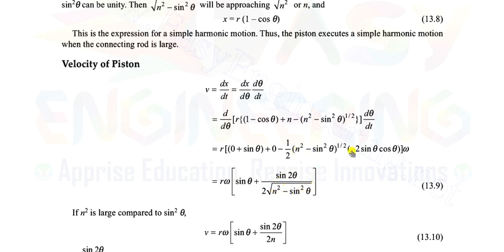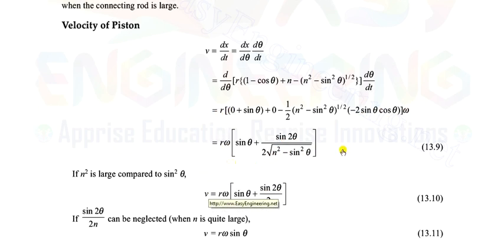So 1 by, and this minus and minus will become plus, and this 2 sin theta cos theta becomes sin 2 theta, over 2 under square root n square minus sin square theta, and this omega is coming this side, so this is r omega. Now this is the general expression of velocity of piston in terms of theta, r, and angular velocity omega. So this is the general derivation of the relation of velocity of piston.